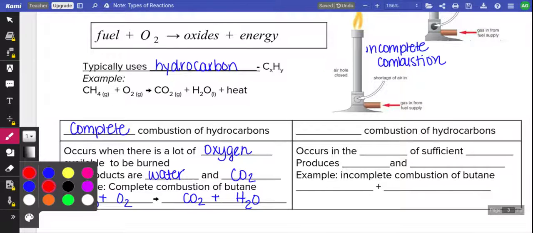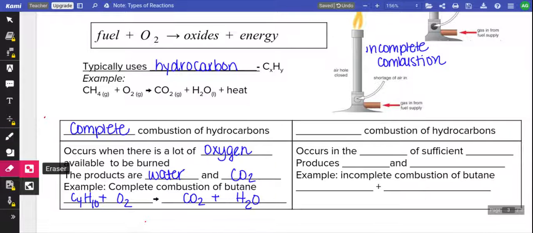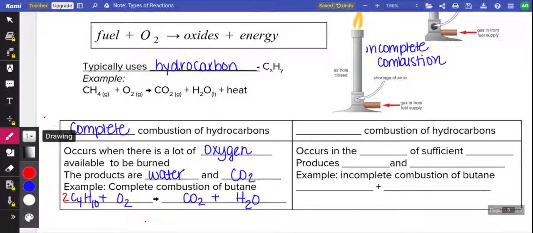Here you can see these individual reactants and products. We have our butane, and we actually need 2 of those. We have our oxygen, and we're going to have 13 oxygen, which is a little bit crazy. Then 8 and 10. Okay, so this is the reaction for complete combustion.